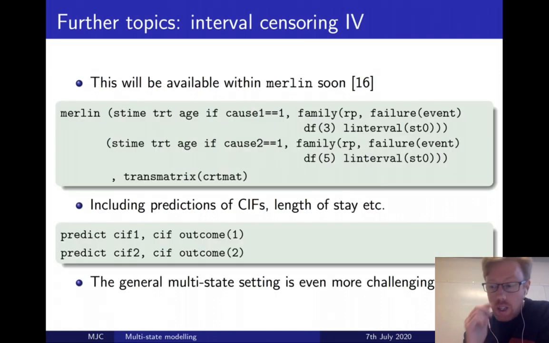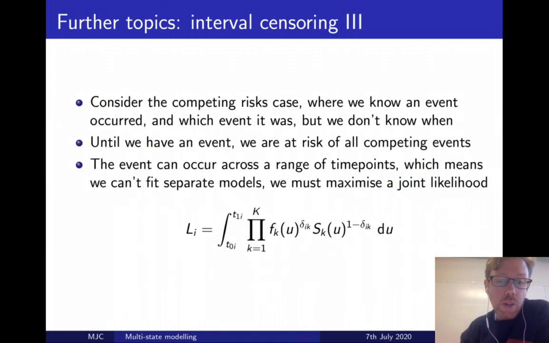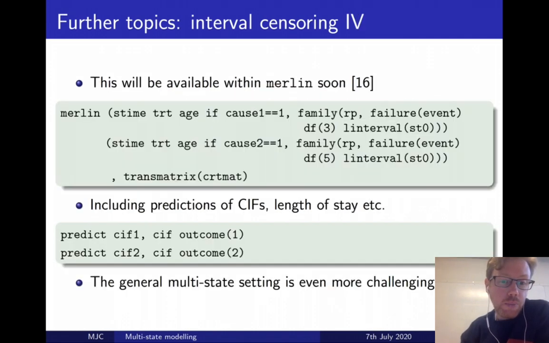So this is all implemented again in the merlin command. Because it's set up for modeling multiple outcomes, I can have cause 1 model, cause 2 model, specify my intervals, and now add the new option, transitionmatrix, which tells merlin that I'm fitting a competing risk model. So it uses the appropriate likelihood contribution for that setting.